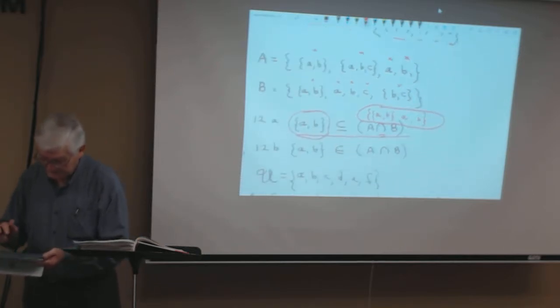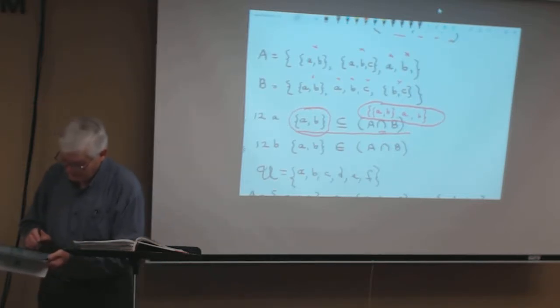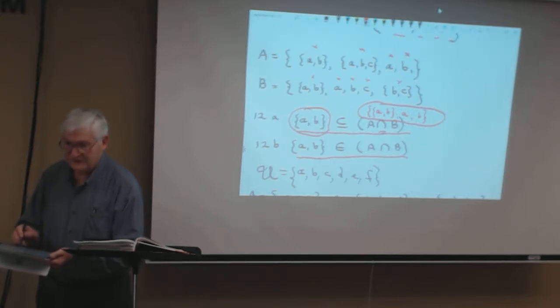Okay, let's do 12B. What's the difference between 12A and 12B? This one said the set AB is a subset of the intersection of A and B. This one says the set AB is an element of the intersection of A and B. What are the elements of the intersection? The elements are the set AB, A, and B. So, is this true or false?